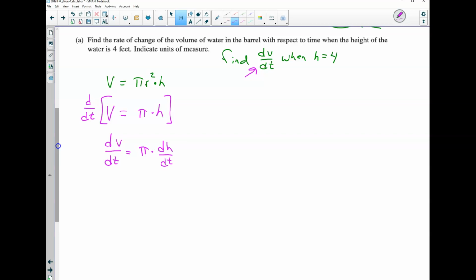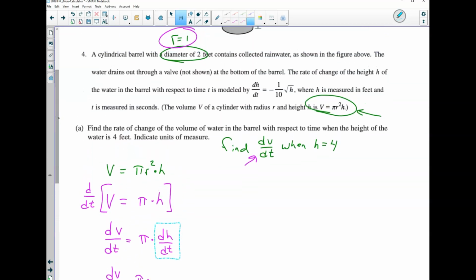Uh-oh. So what does dV/dt equal? Well, dV/dt equals pi times, well, what in the heck is dh/dt? Well, dh/dt is negative 1 over 10 times the square root of h. And if h is 4, this is going to equal negative 2 over 10, isn't it? dh/dt will be negative 2 over 10 at that point.